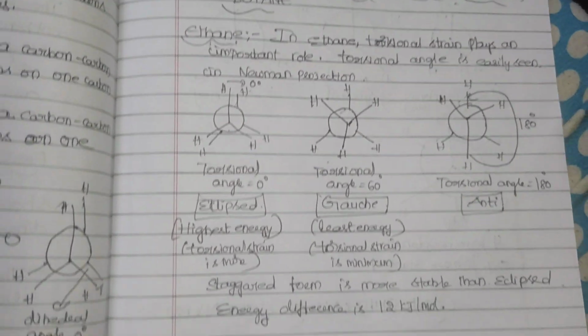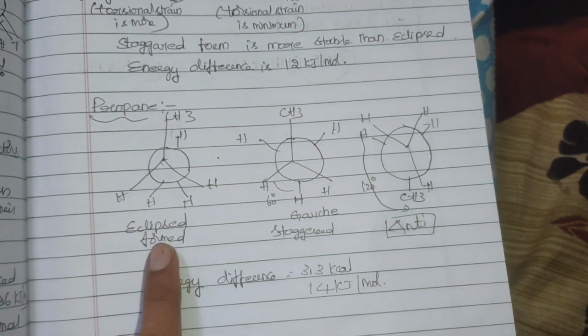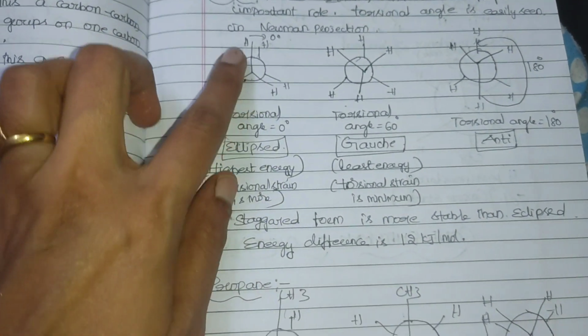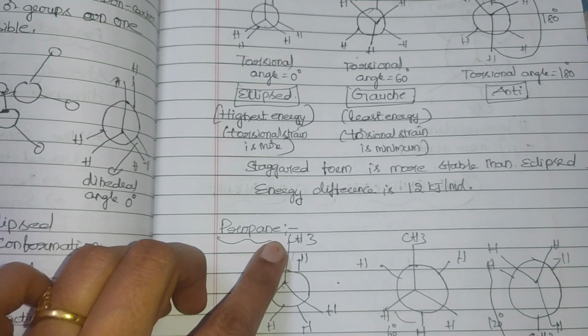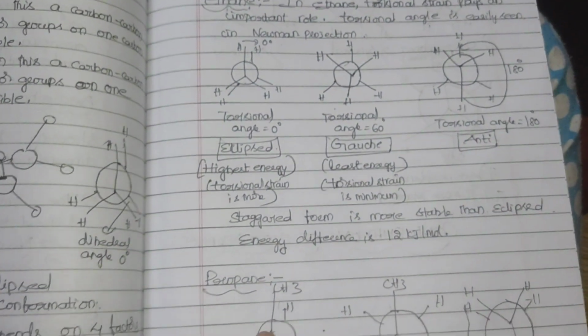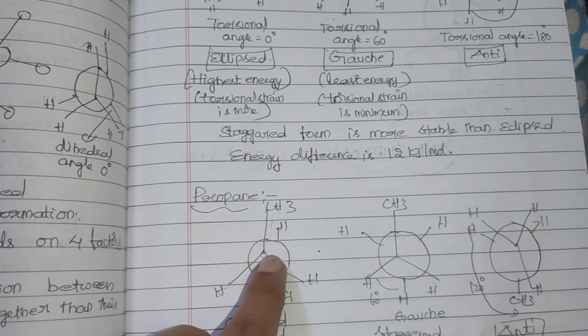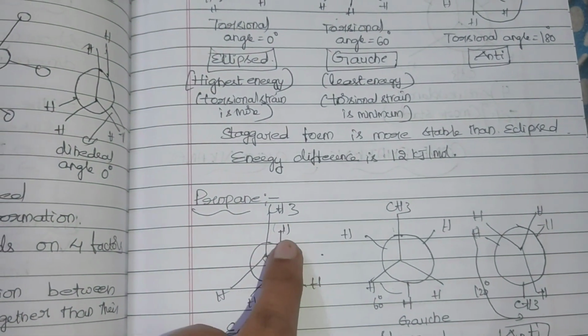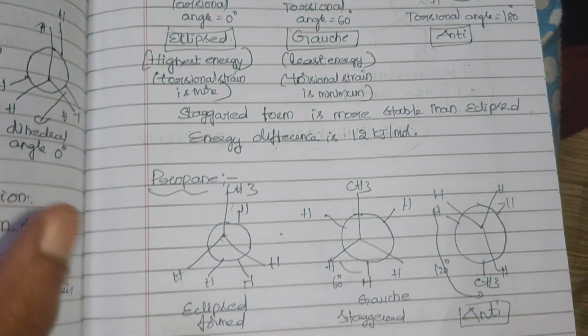So this is about ethane. Now in ethane, see, all are H. In the place of one H, one CH3 is added, so it will become propane, a three-carbon molecule.